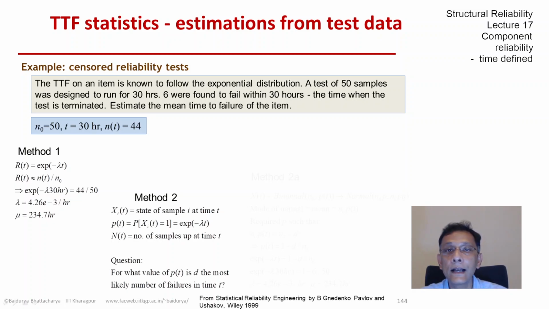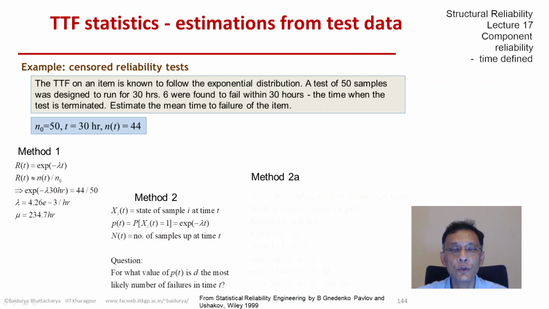this capital N of t is actually a binomial random variable. And the question is, for what value of p is d the most likely number of failures to occur within time t? Let us see if we can answer that question in a reasonable manner and what answer it would lead to. And we'll do it in two ways.